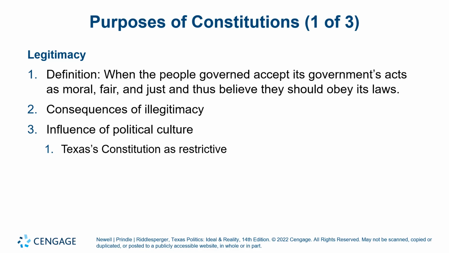We kind of saw this with the pandemic, where, in the interest of safety, because it was a public health emergency, some people were willing to mask up, social distance, and limit those things. But again, you also had some people who didn't agree with that. Those are examples of issues with legitimacy.